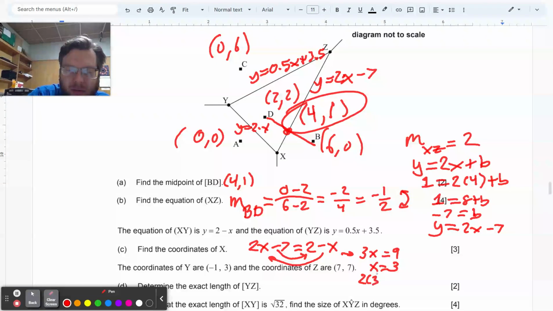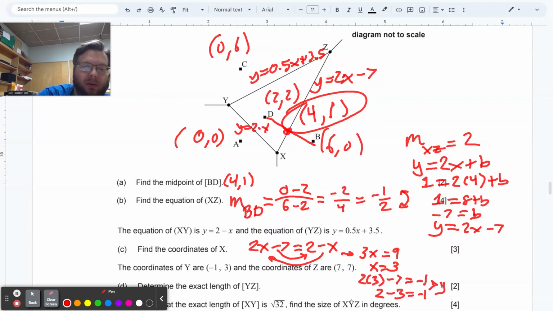Plug in x equals 3. 2 times 3 minus 7 is negative 1. Double check it with the other one. 2 minus 3 is also negative 1. So that's my y value. So the coordinates of X are (3, negative 1), and that fits in with where all the other coordinates are as well.